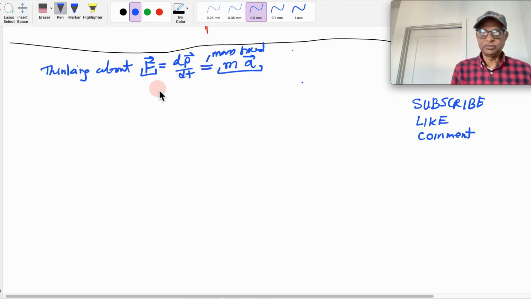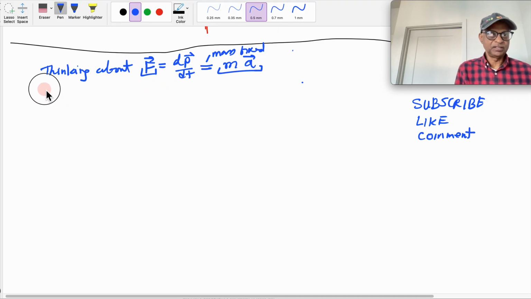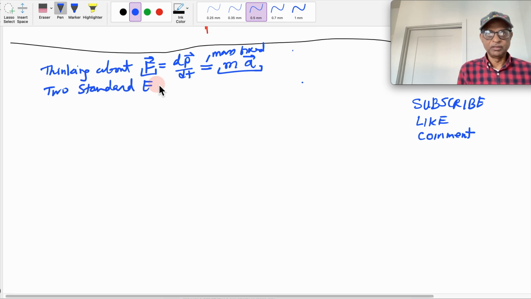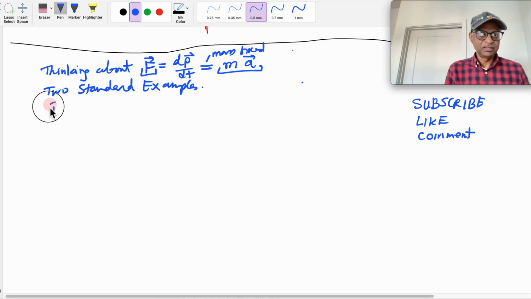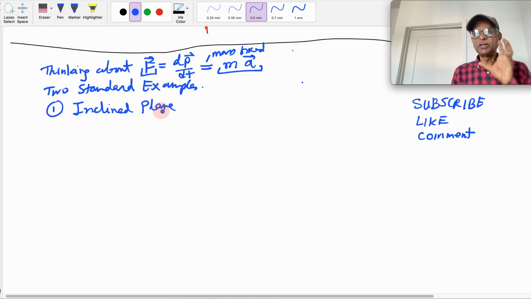Okay, so examples, I'm going to do two standard examples. We're going to build up more examples later, but I just want to get your feet wet. Number one is a so-called inclined plane. Only one object is moving.